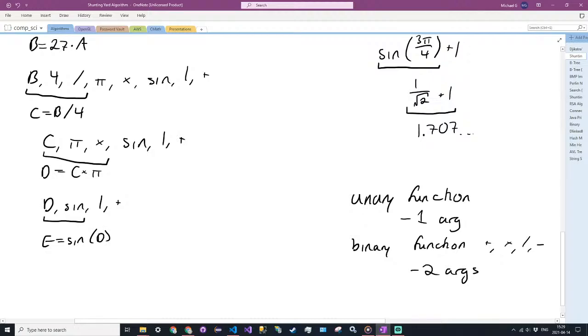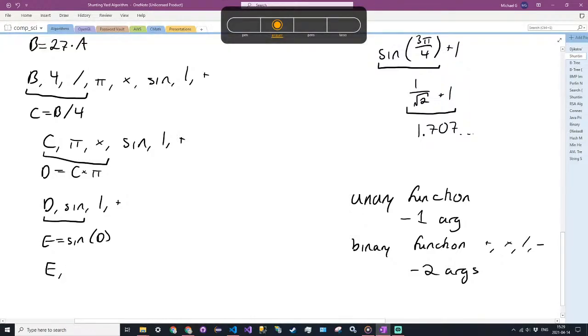So we're still following that same pattern of evaluating from left to right, but we're linking nodes using an operator, except this time we're only linking one node to itself. So E is equal to sine D. Then our list is reduced to E, 1, and then plus.